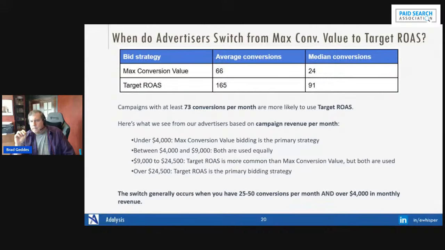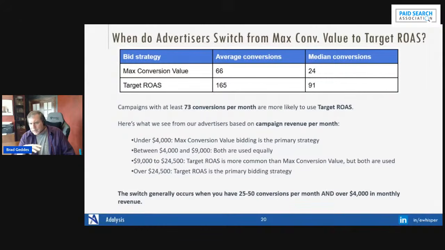And it's a mixture of conversions and revenue when companies are switching between the two. So someone with at least 73 conversions a month is more likely to use target ROAS than max conversions. But in reality, a lot of it's actually about campaign revenue.